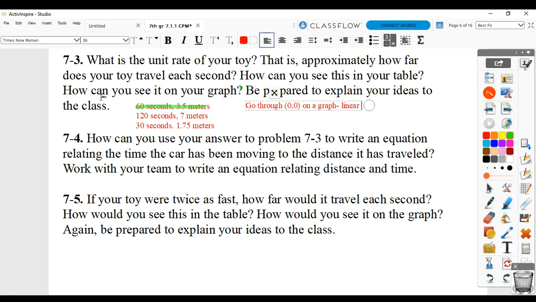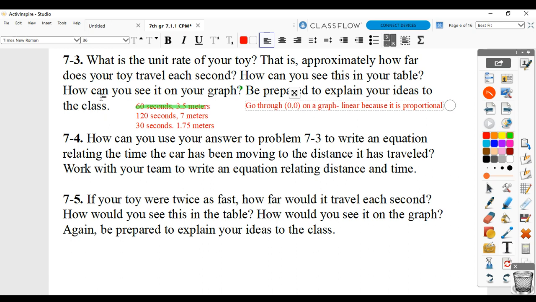And again, that's because it's proportional. Remember from Unit 4 that the qualities that make a situation proportional is that it does go through 0, 0, and it does have a constant of proportionality and then create a linear graph.